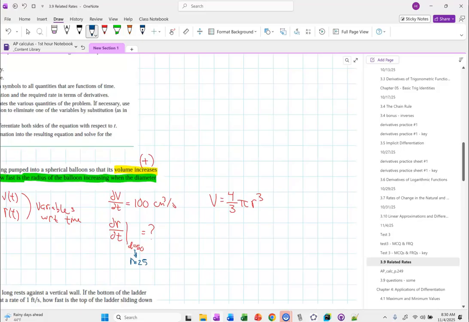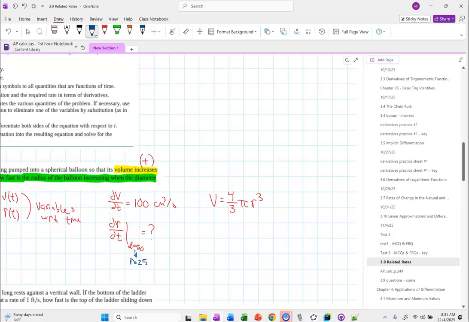So now I have an equation. I know stuff about dV/dt, and I want to know stuff about dr/dt. My equation doesn't have any derivatives in it, right? What I'm going to do now is differentiate both sides of the equation with respect to time.